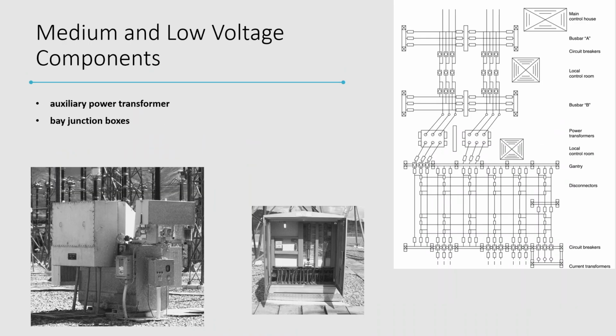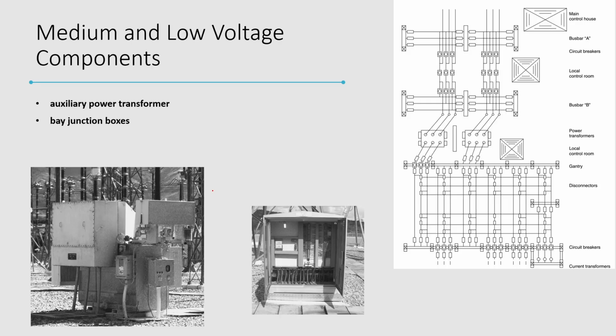Medium and low voltage components are basically used in the auxiliary systems, like the auxiliary power transformers and the bay junction boxes and so on, right? We will discuss these things in detail later on.